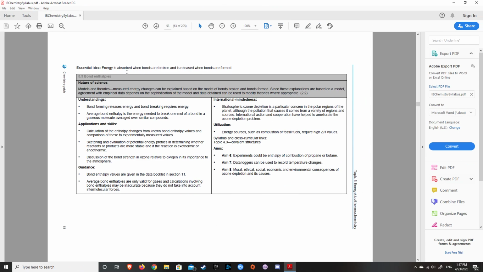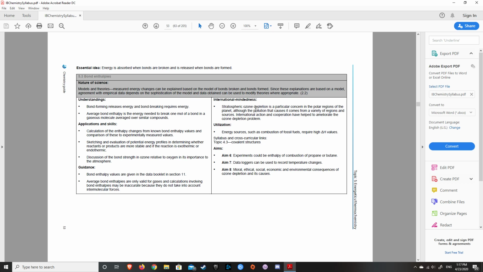If you look at your syllabus, this is part of your international mindedness, and basically it talks about the concerns that we have. The ozone layer is critical to life on Earth, and humans didn't fully understand it before we started destroying it.